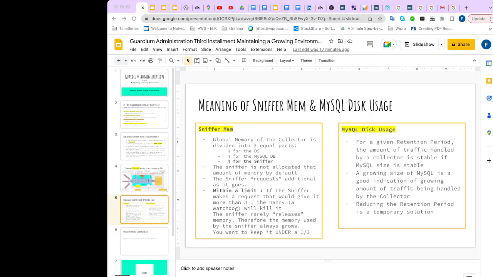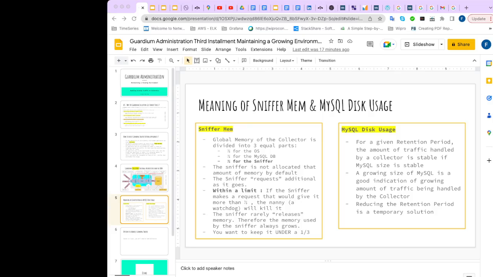That amount is not allocated by default by the system. The sniffer actually requests memory as it goes, but it has to stay within this limit of a third of the memory.